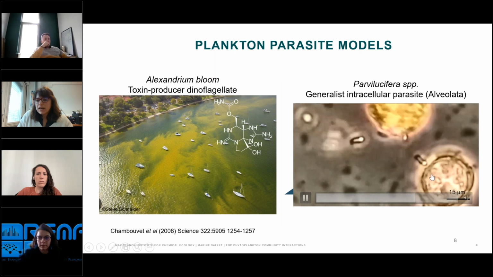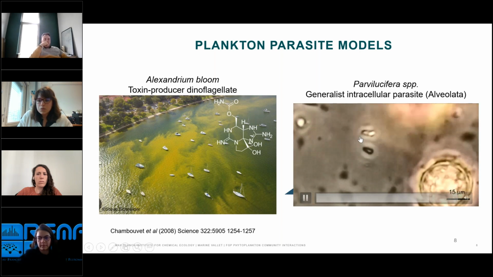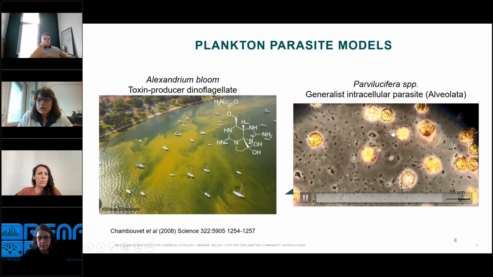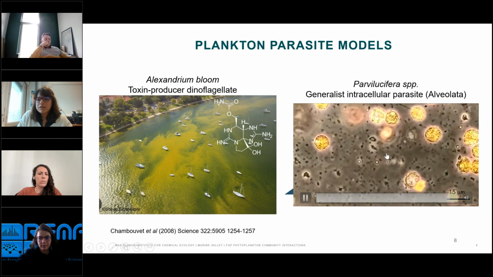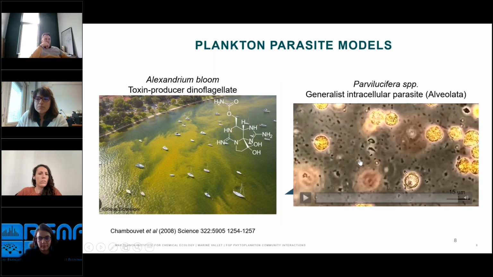What you see here is the last stage of infection, when these little new spores are released in the environment and will try to infect the swimming healthy cells. These parasites are very interesting because they can also infect toxic algae. So one of my research questions is to understand whether saxitoxins are involved in the infection process.